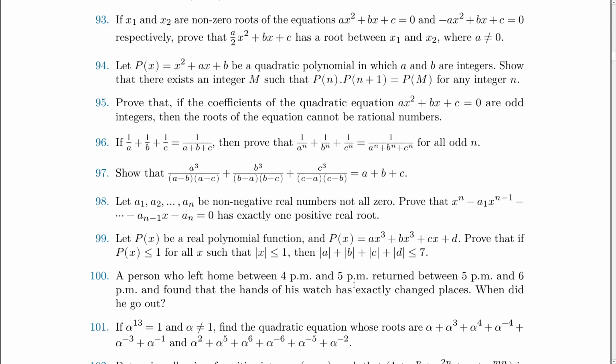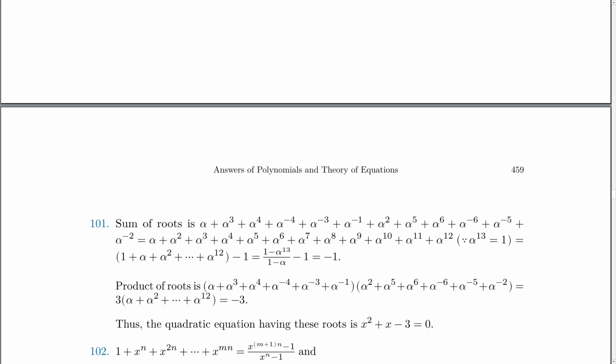This contains 1, 3, 4, and this contains 2, 5, 6. Overall 12 terms, and if you multiply with alpha to the power 6, it will become alpha to the power 12. Okay, fine, and this is good. So the sum of these would be minus 1. We added 1 and we subtracted 1 here.